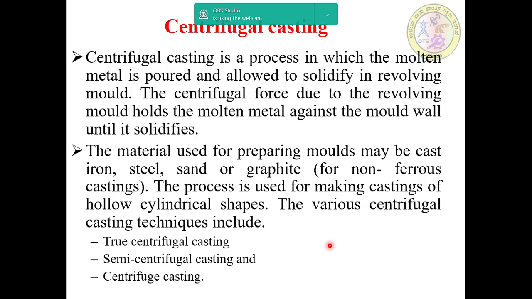The material used for preparing molds may be cast iron, steel, or sand, or graphite that is used for non-ferrous castings. The process is used for making castings of hollow cylindrical shapes.